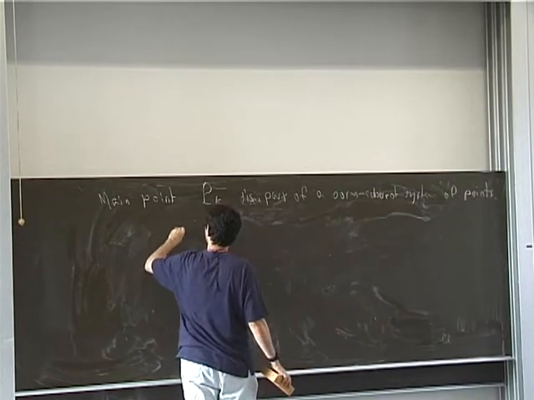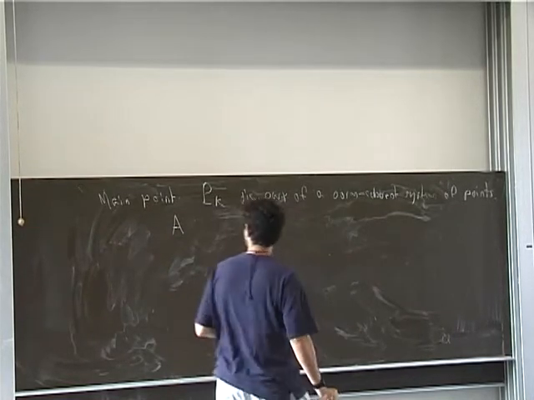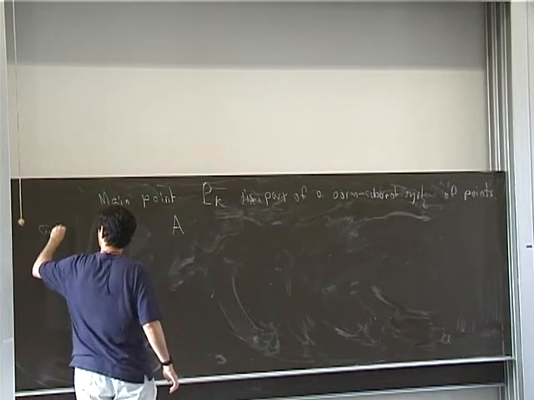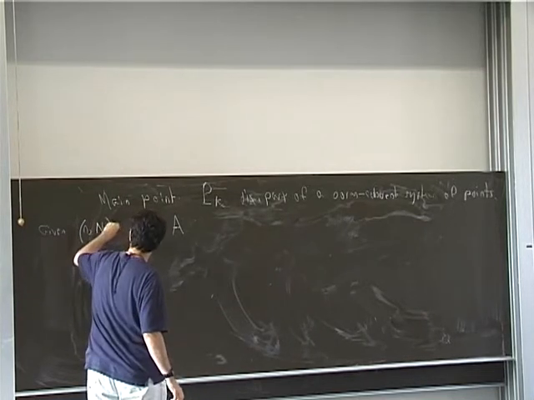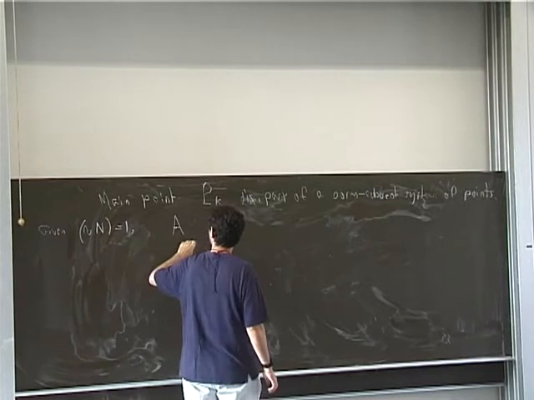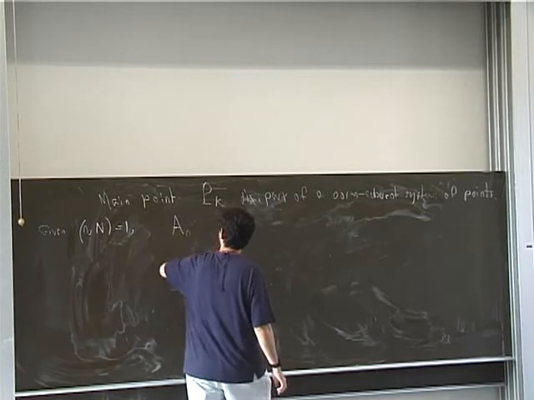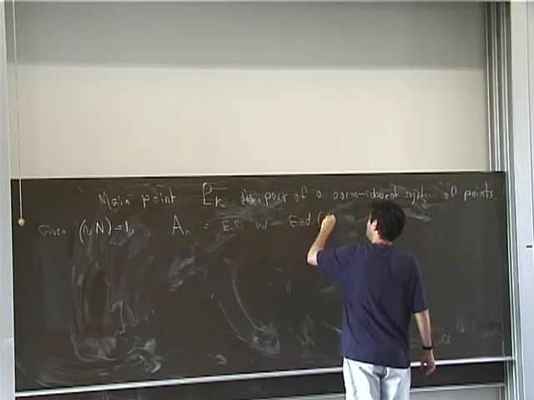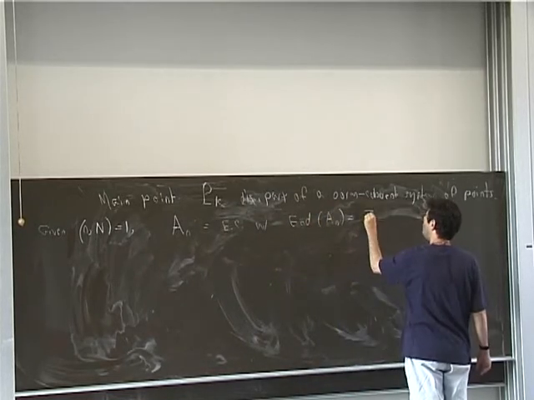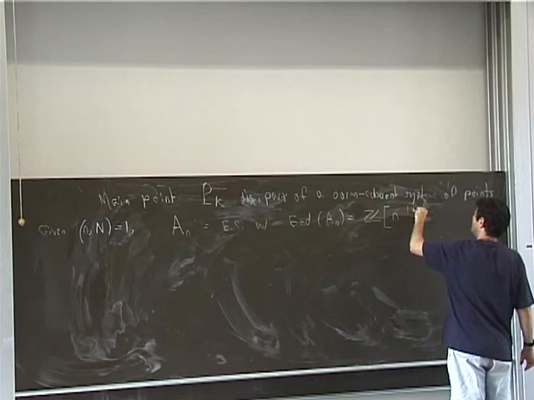Well, instead of taking an elliptic curve with endomorphism by the maximal order of K, given any integer little n, which for simplicity I'm going to assume is prime to this conductor, capital N, I can consider an elliptic curve, let's say A_n, with endomorphism ring End(A_n) equal to an order of conductor n, which I can write as Z adjoin n times (1 plus root D)/2.